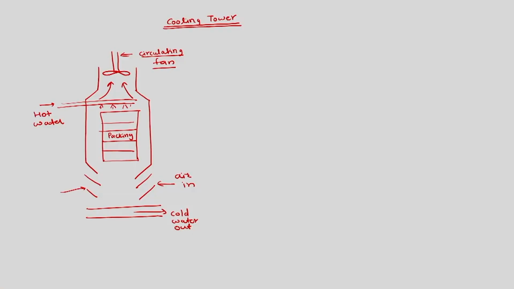That water which is getting condensed in the condenser is having its heat transferred to this cold water, and this cold water in this process will become hot. So the same water which is used in the condenser to extract the heat from the steam is now hot. After extraction of heat, this water should again be passed to the condenser. So for that it is cooled in the cooling tower with the atmospheric air.